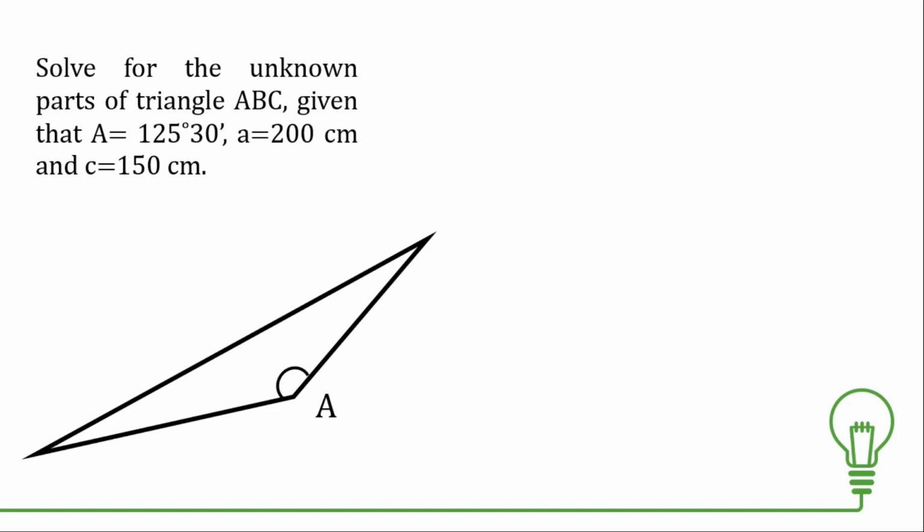Since the angle A is 125 degrees and 30 minutes, we can definitely say that triangle ABC is an obtuse triangle, since angle A is an obtuse angle. Alright, so the value of a is 200 centimeters and c equals 150 centimeters.